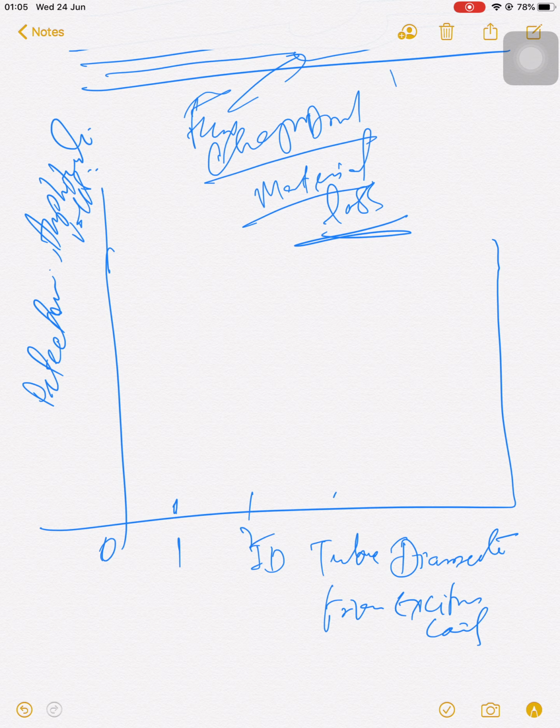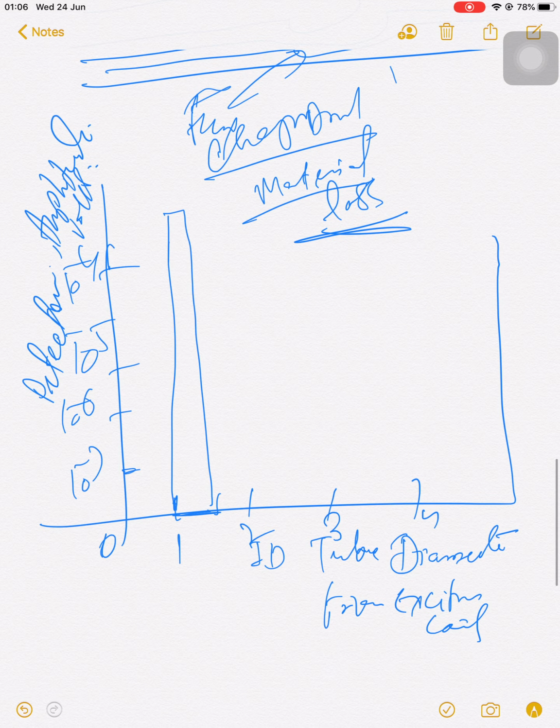If you take 1, 2, 3, 4, and 10 to the power minus 7, 10 to the power minus 5, 10 to the power minus 4. Take this example, it will go like this and behave like this. If you see the image, it will go like this.